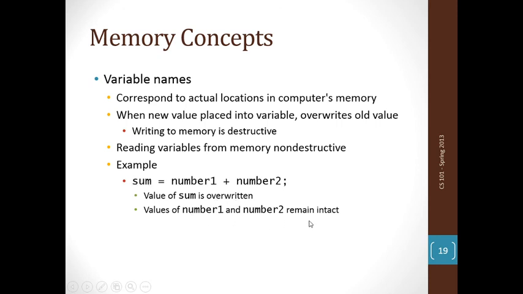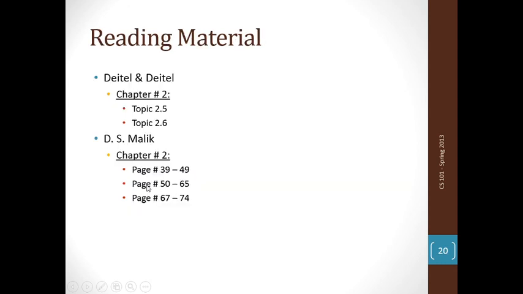The values of number1 and number2 remain intact. The values of number1 and number2 will not be changed because we are not assigning a value to number1 or number2, but we are assigning the value of number1 and number2 to some variable.